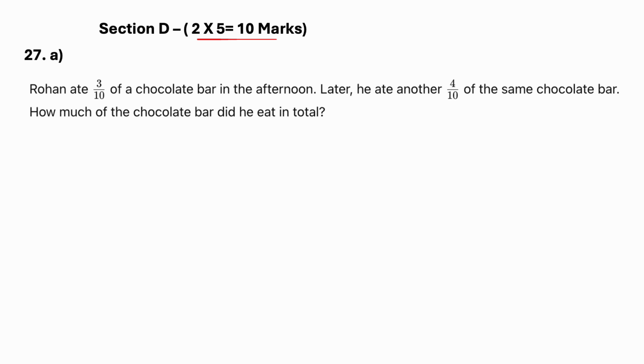See, first one. Rohan ate 3 by 10 of a chocolate bar in the afternoon. Later, he ate another 4 by 10 of the same chocolate bar. How much of the chocolate bar did he eat in total? So, in the afternoon, he ate 3 by 10 and later he ate 4 by 10.